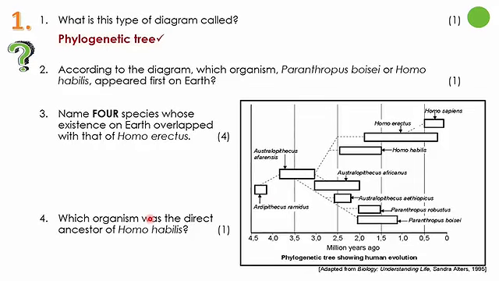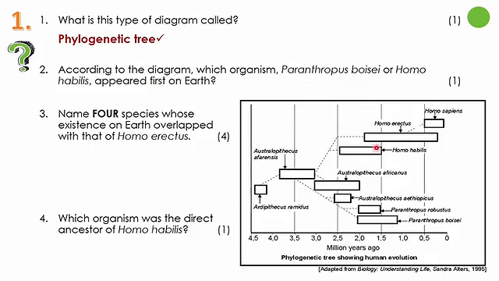Question 2. According to the diagram, which organism, Paranthropus boisei or Homo habilis, appeared first on Earth? So let's quickly go and find the two organisms to talk about. Here we have Homo habilis, and the other one, which is Paranthropus boisei, is right here at the bottom. So they wanted to know which one appeared first on Earth. So we look for the edge.